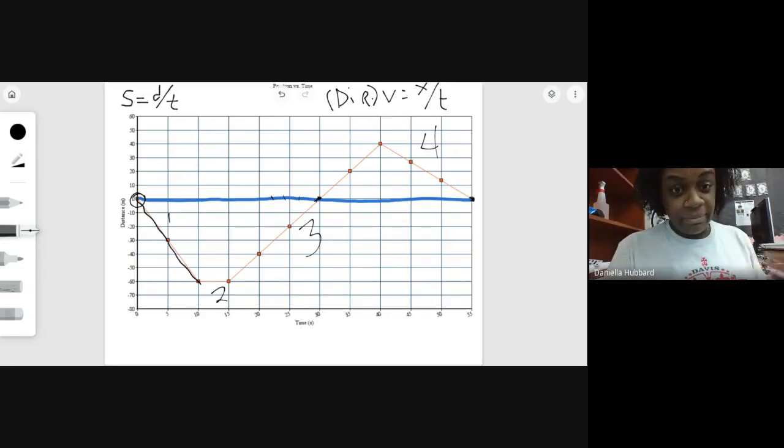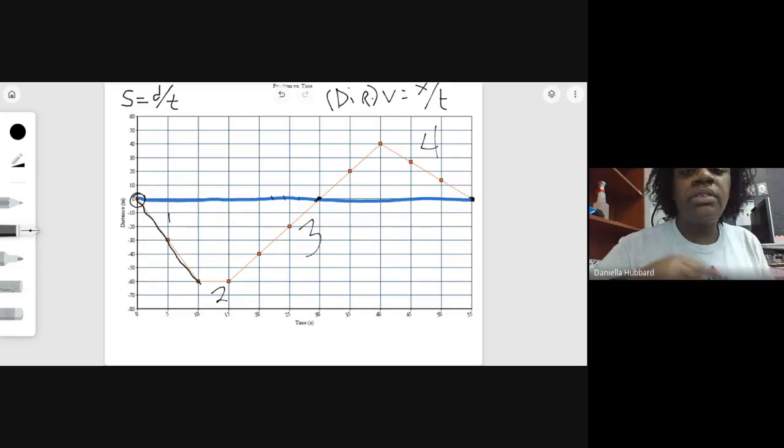Negative doesn't necessarily mean bad, it's just not positive. So in our case, normally a negative direction is to the left or below or down. That can also be your west and your south direction.